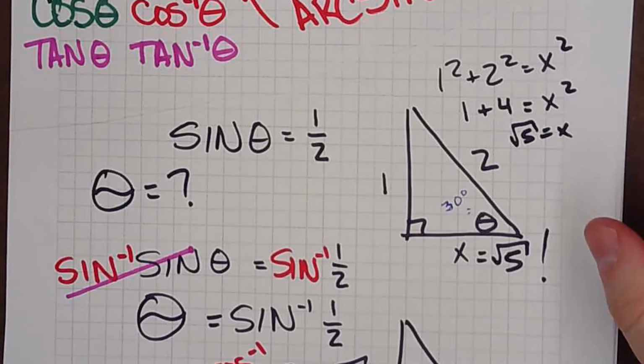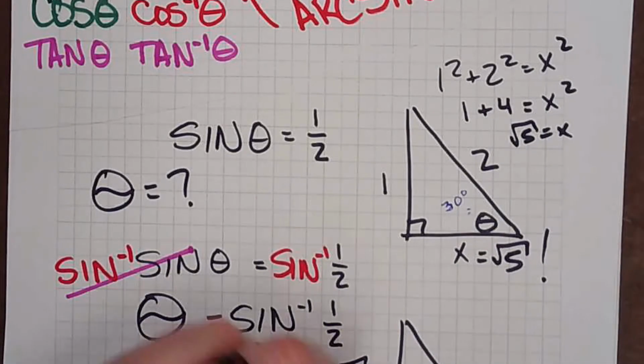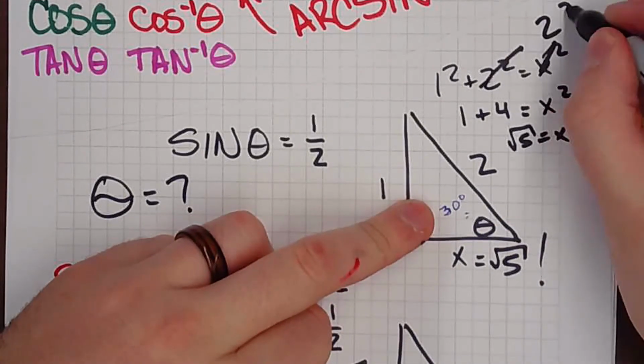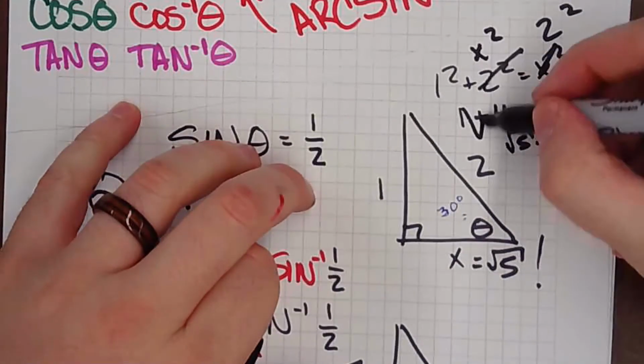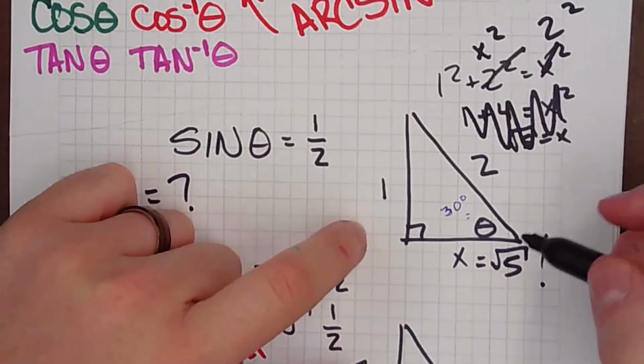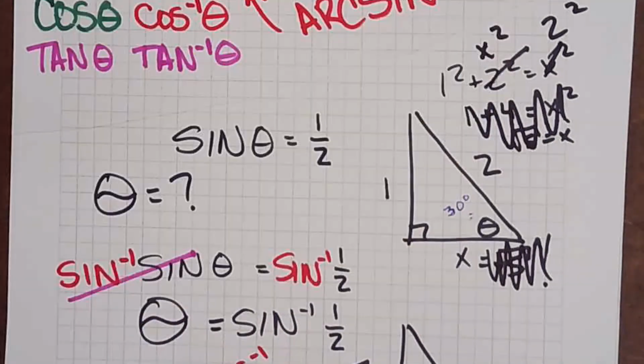Andrea. 2 should be over here. It's the hypotenuse. This is what we're looking for. So what is actually the length of that side? Figure out the actual length of this side. 1 squared plus x squared equals 2 squared. What is it?